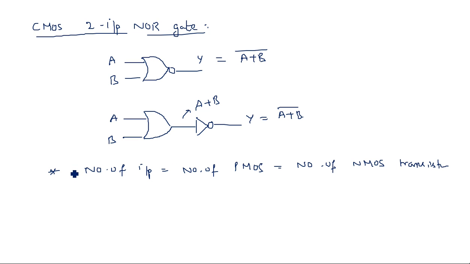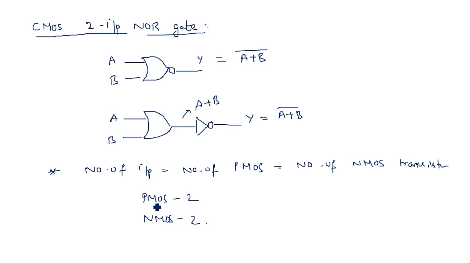If there are 10 inputs, 10 PMOS transistors must be used, and similarly 10 NMOS transistors must be used to realize this logic circuit in terms of CMOS. Here the number of inputs is 2, so the number of PMOS transistors must be 2, and NMOS transistors must also be 2. So we are going to use 2 PMOS transistors and 2 NMOS transistors.